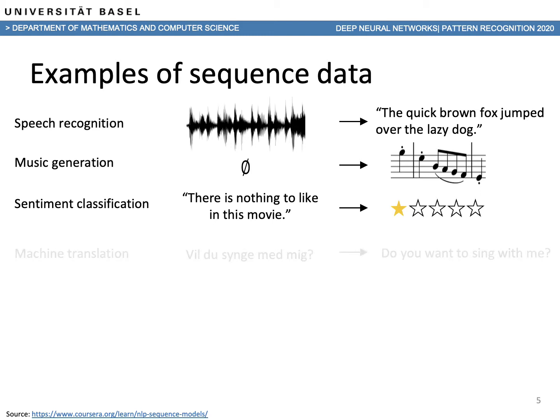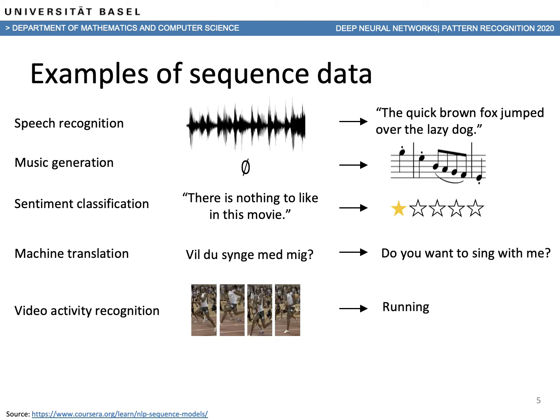What is the automatic rating given this small sentiment? It could also be machine translation, or language translation, in this case from Danish to English. Or it could be video activity recognition, so given multiple frames of a video sequence, figure out what is happening in this video.